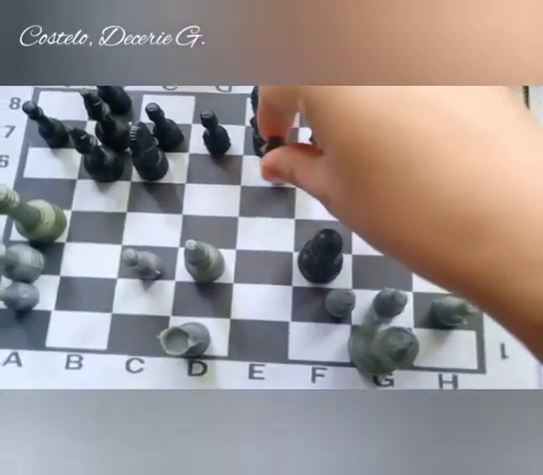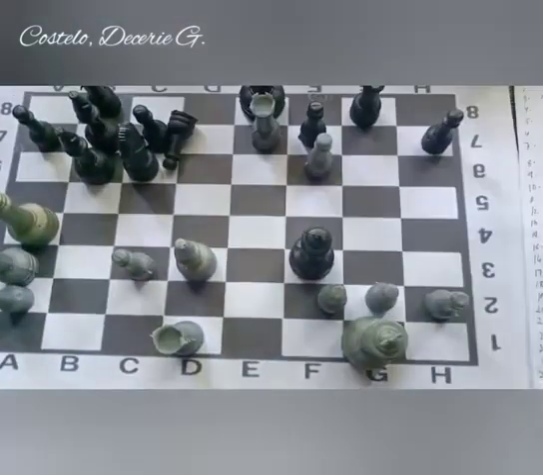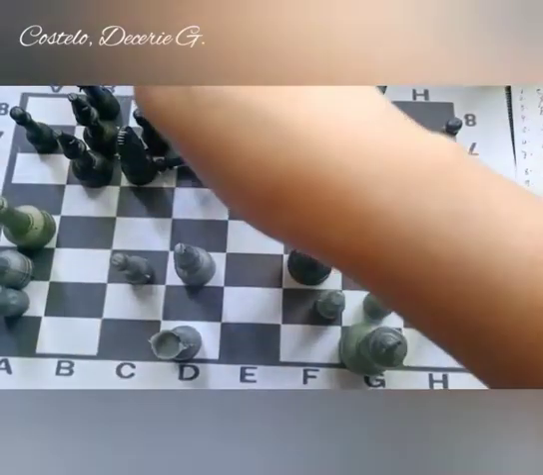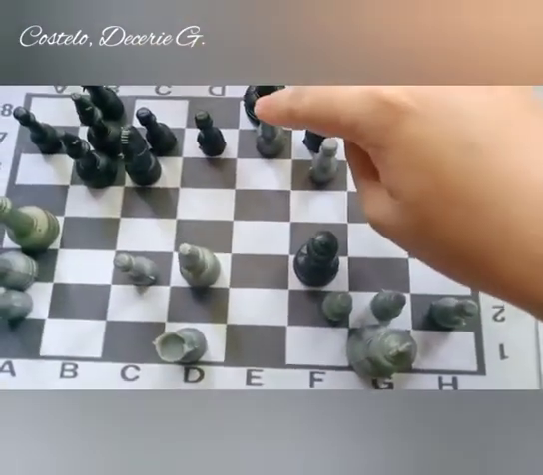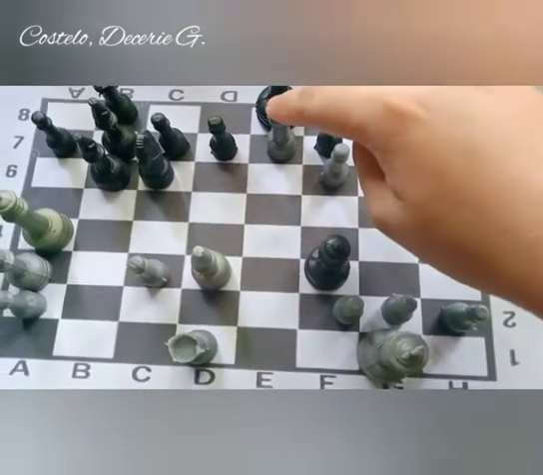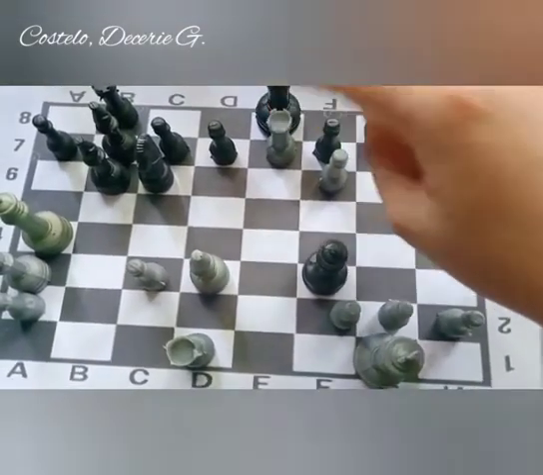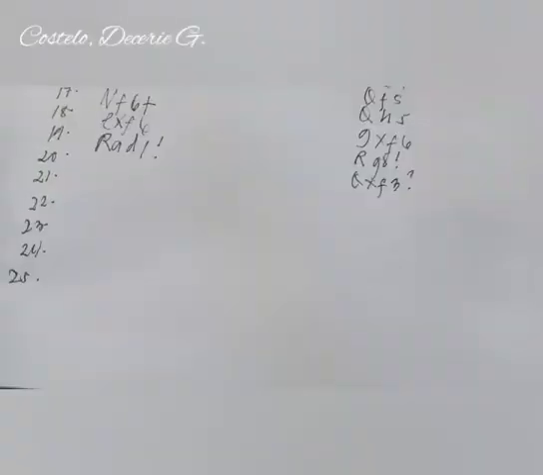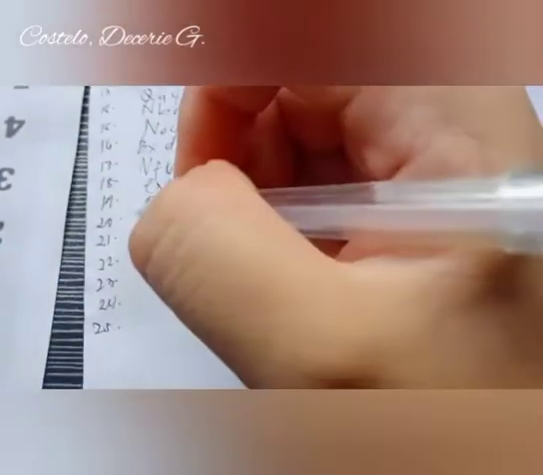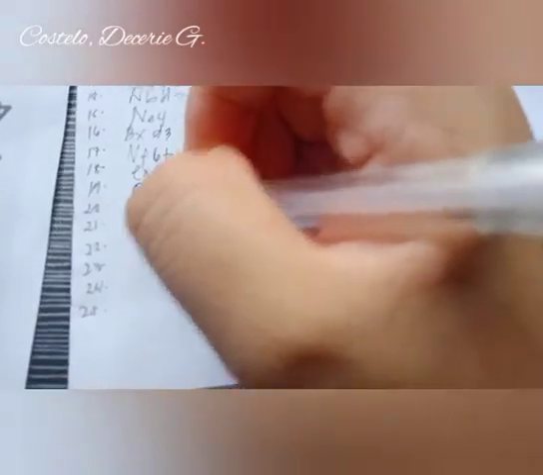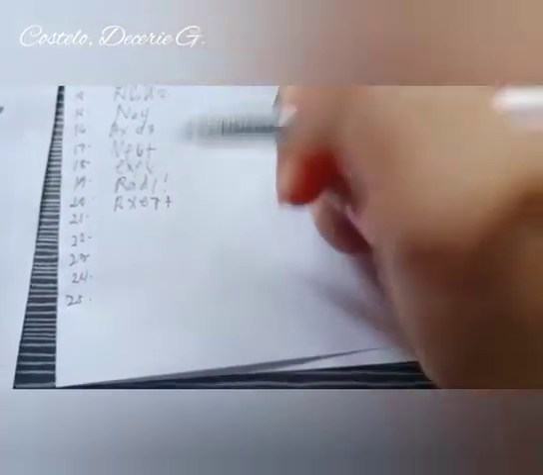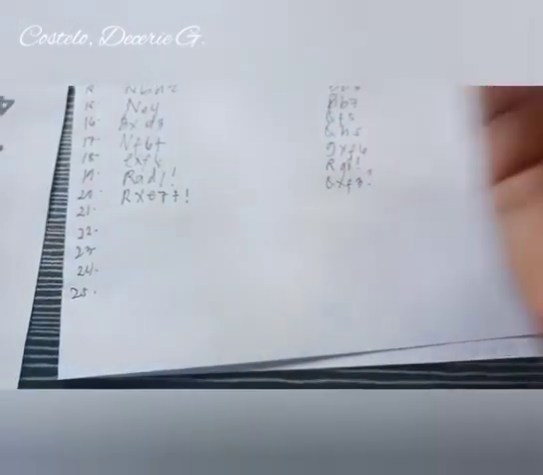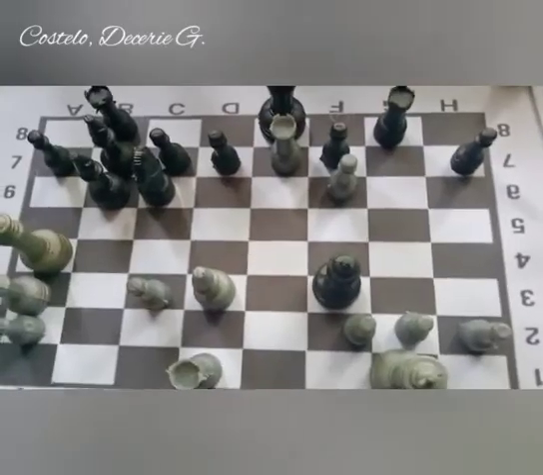Next, we have the rook capture e7 on the dark knight. Then check the king. It's a good move. So we are going to write R for the rook, X capture, E7, plus sign for check, and exclamation point for good move.